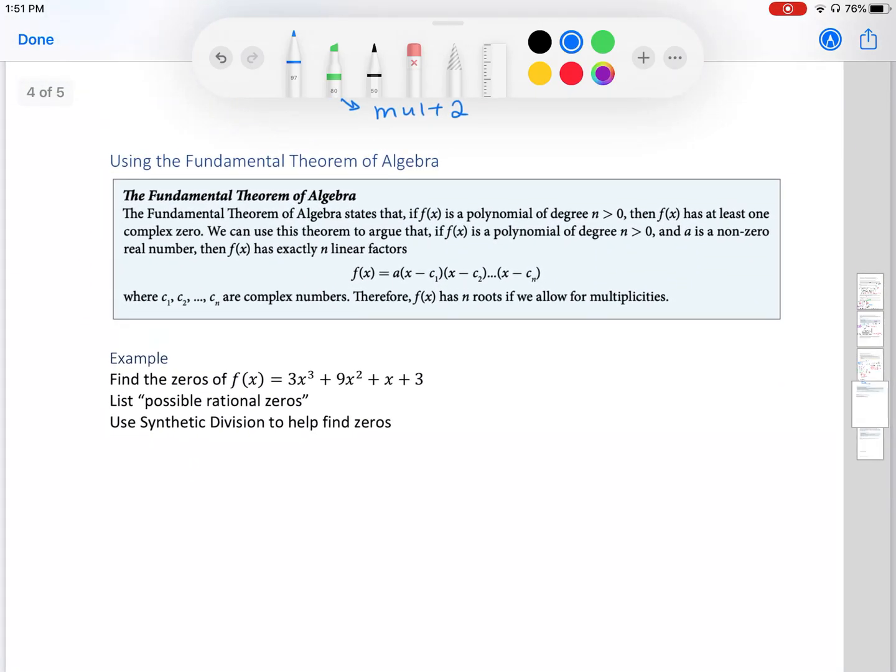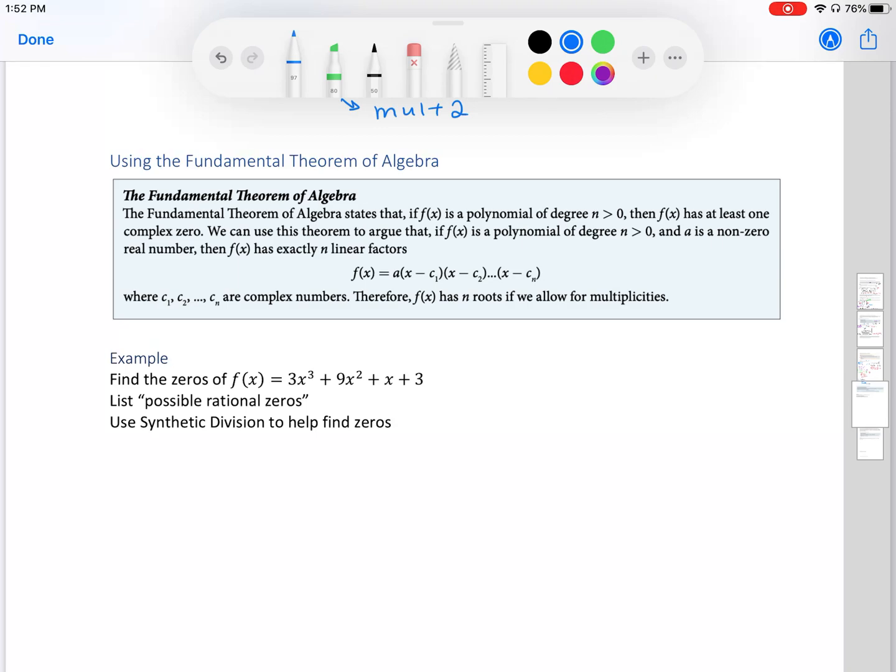Using the fundamental theorem of algebra. The fundamental theorem of algebra states that if f of x is a polynomial of degree n greater than 0, then f of x has at least one complex 0. We can use this theorem to argue that if f of x is a polynomial of degree n greater than 1, and a is a non-zero real number, then f of x has exactly n linear factors.